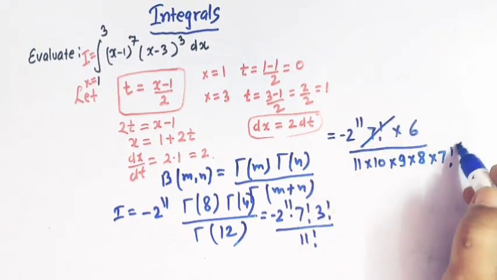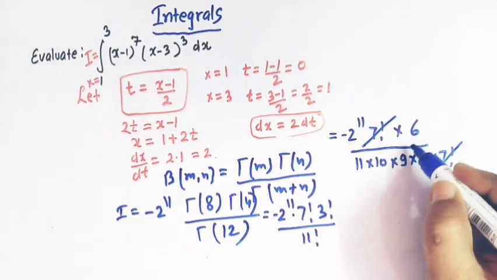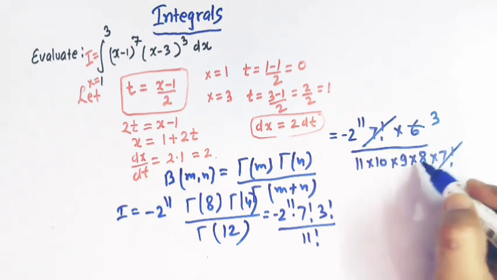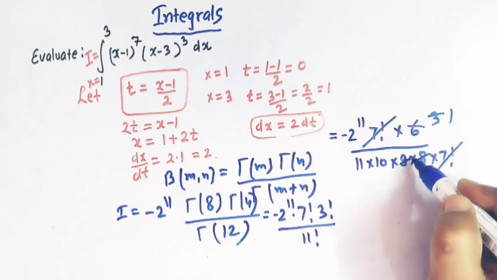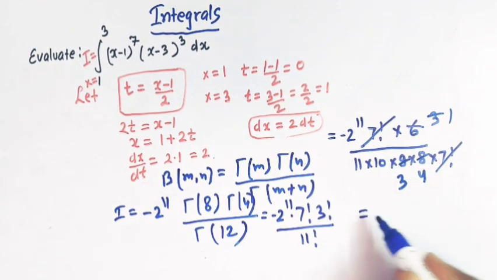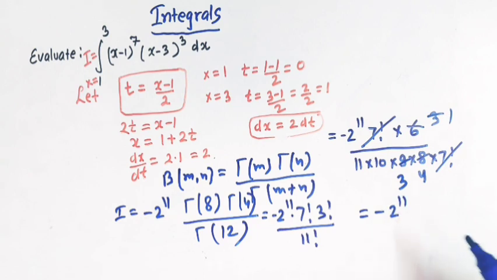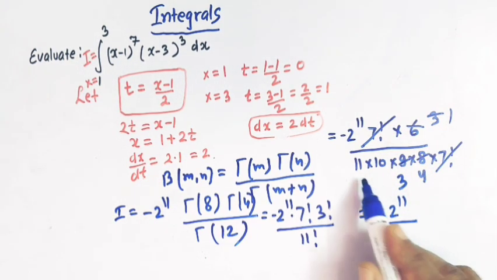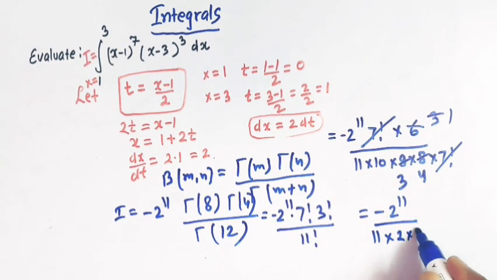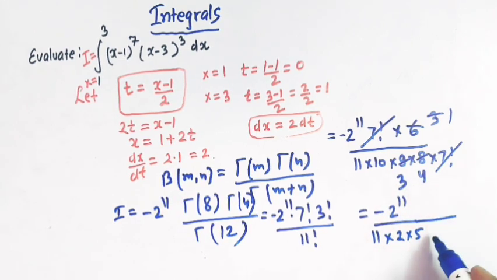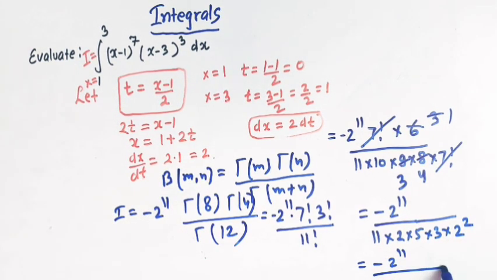So this 7 factorial and that 7 factorial get cancelled, and in the denominator we have 9 times 8 times 11 times 10 over 6. Now we have minus 2 raised to 11 in the numerator, and in the denominator 11, then 10 written as 2 times 5, and 3 times 4, where 4 can be written as 2 squared, right?